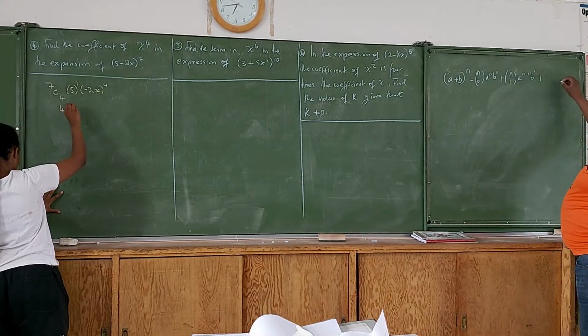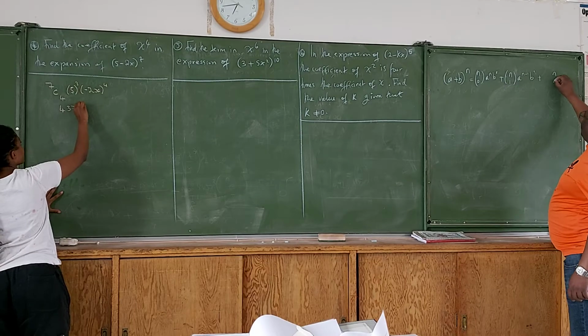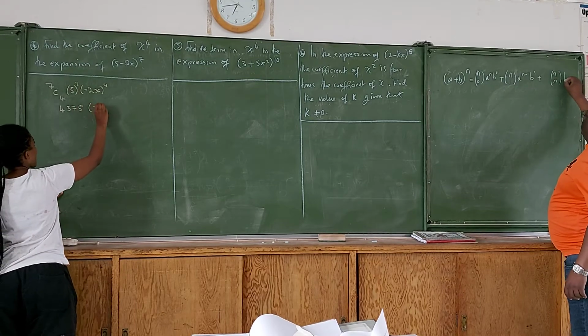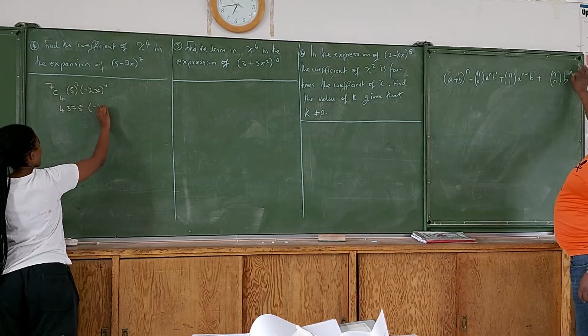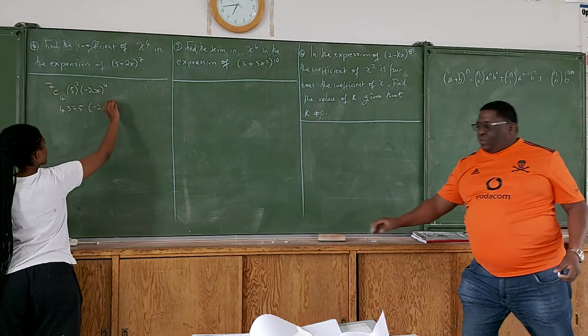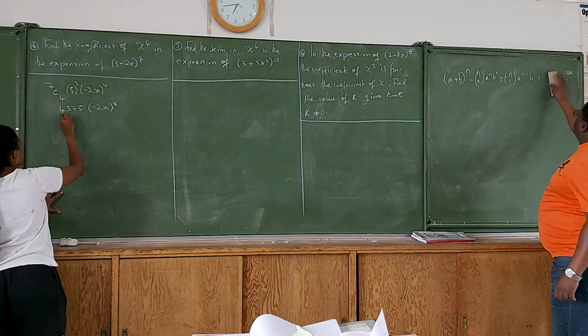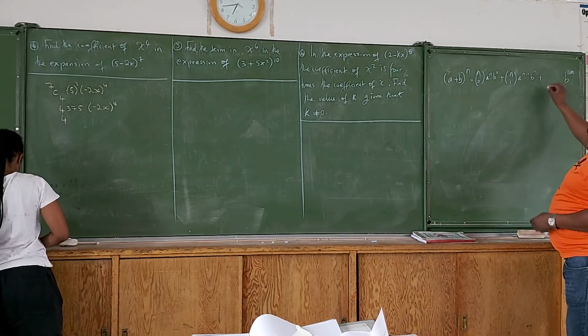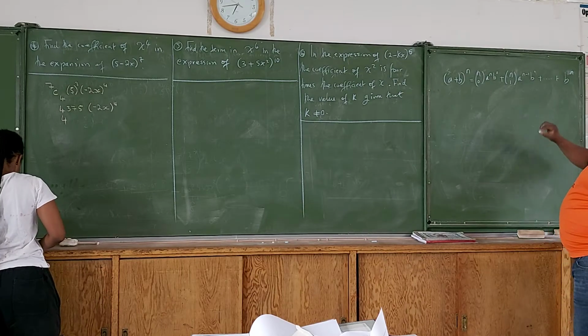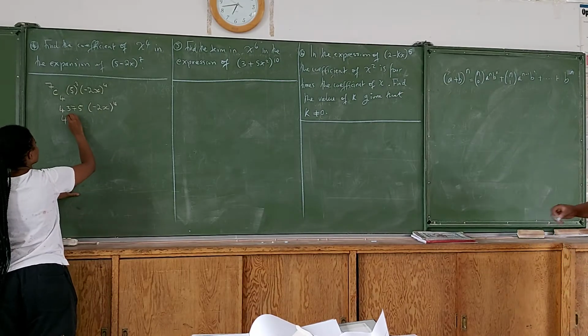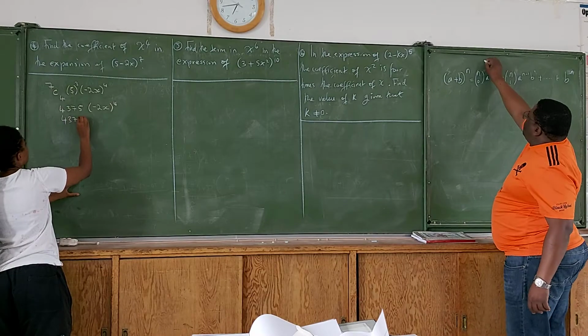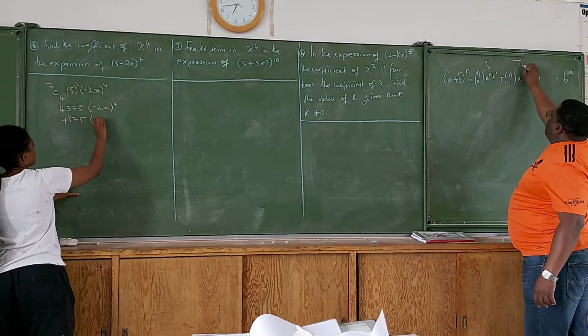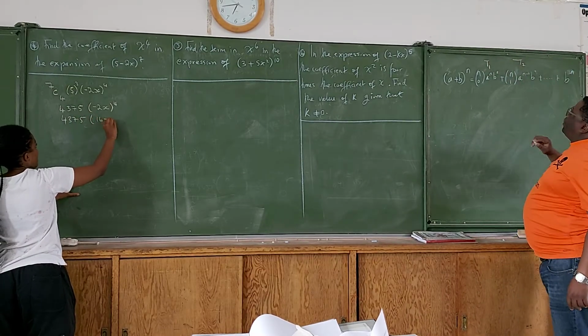So the last one will just be b to the n, which effectively just becomes that. So if this is the first term, that is the second term, and so on.